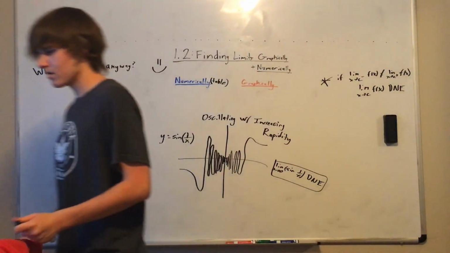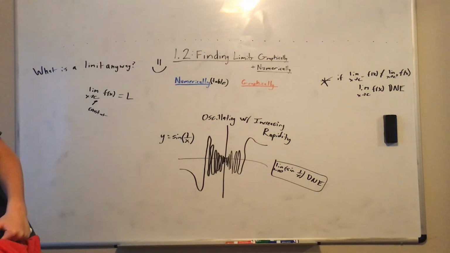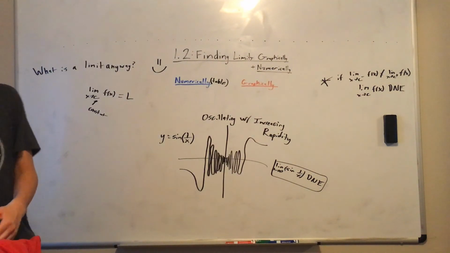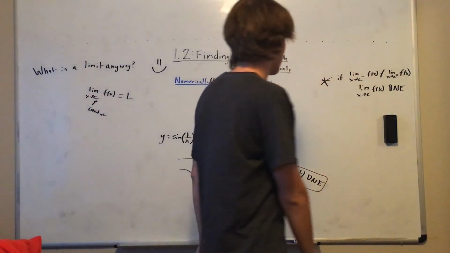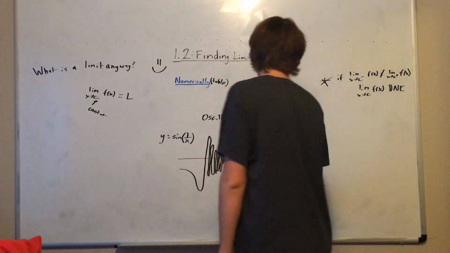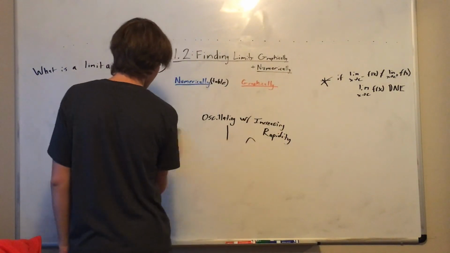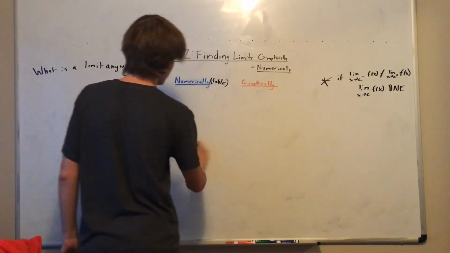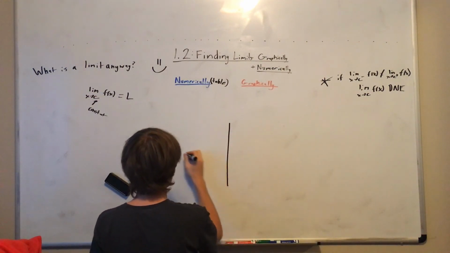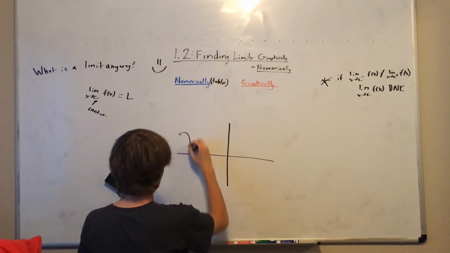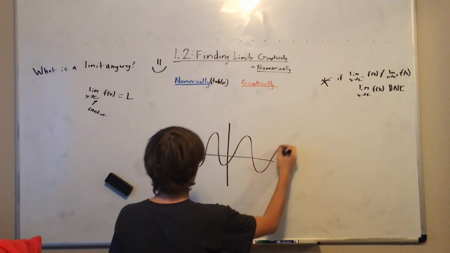Let's see here. That's about it, I think, for limits. There's not a whole lot left. But just to finish things off, we could do one more limit, just to test some knowledge. So, if I had a random function like this, I don't care what it is. It could be this, for all I care.